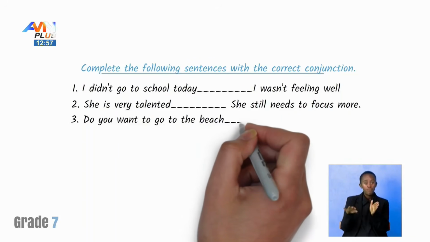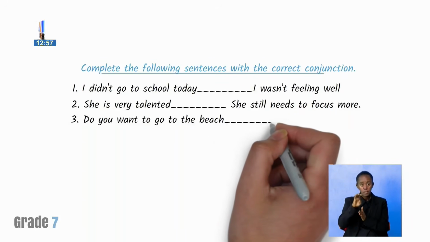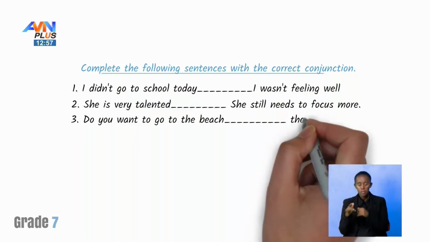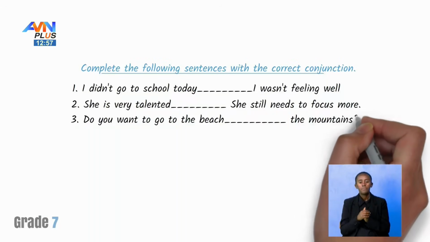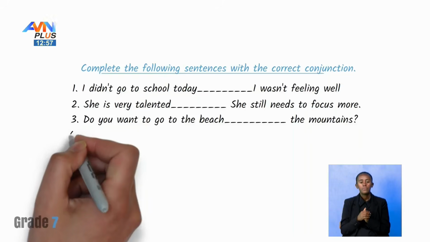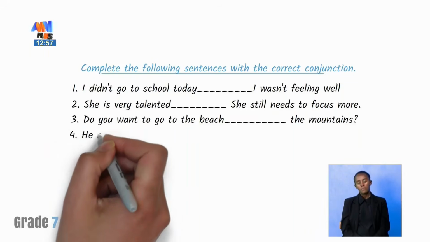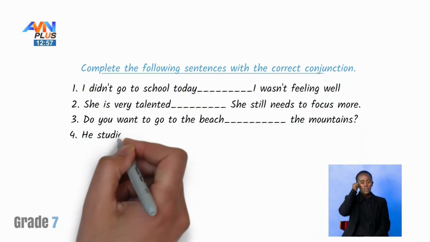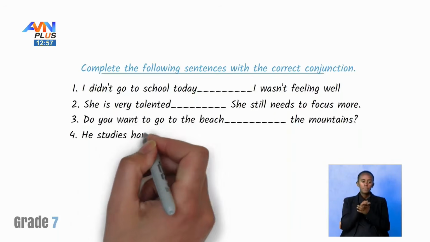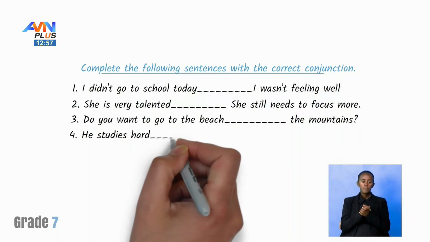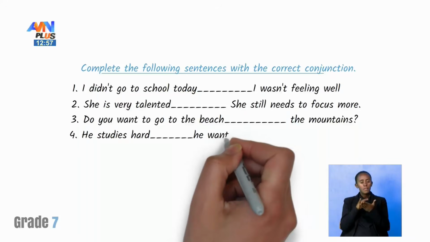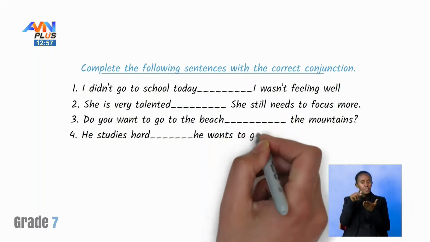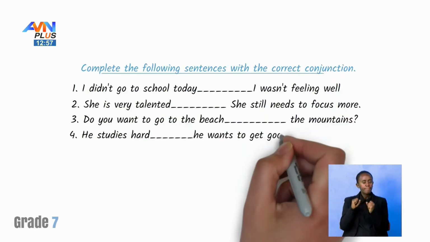Blank, the mountains. Number 4: he studies hard. Blank, he wants to get good grades.